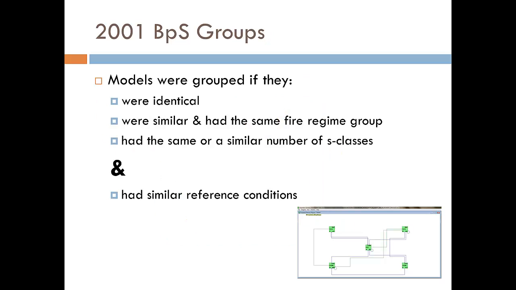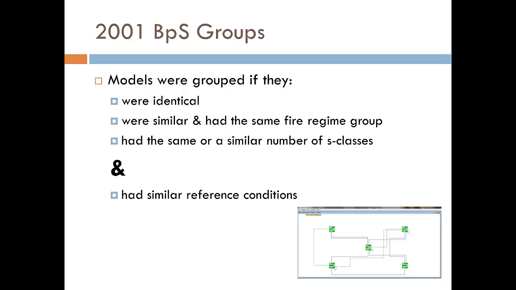An effort was made to simplify the BpS classification and associated state and transition model set from which LANDFIRE reference conditions are derived by adding a group attribute to the 2001 and 2008 BpS products. A rule set was applied for grouping the BpS models.